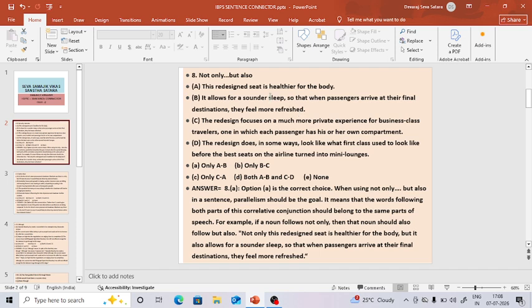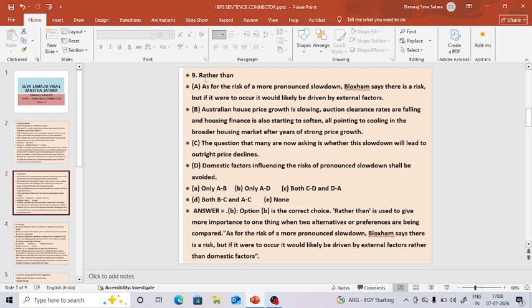So A and B we can join with not only but also. But C and D we cannot join with this connector, nor can A be joined with the remaining C and D. So the correct option here is only A and B.